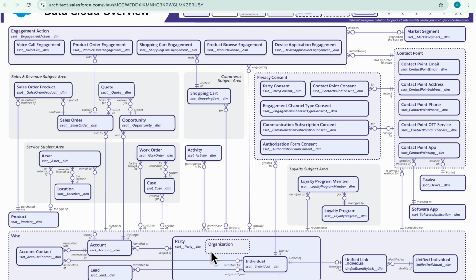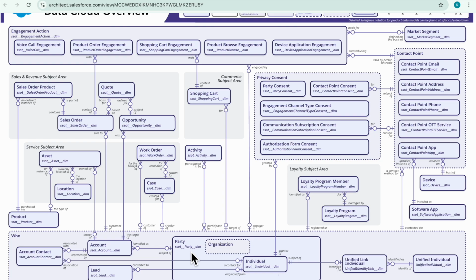So party is a sub-entity. Like I said, party can be an organization or an individual. A party can have 0 or more accounts associated to it. For example, if a party is a company, the company can have multiple people in it who are working with a business, or none of them are associated to the party, so it can have 0 or multiple relationships, whereas an account can have 0 or one party.